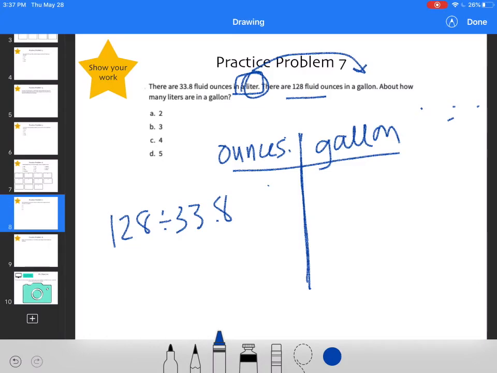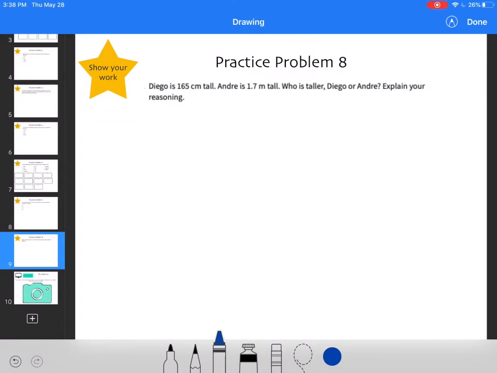I thought I was going the other way. So 128 divided by 33.8, and I get 3.786. So it says about, so that tells me I can round. So it's about 4.